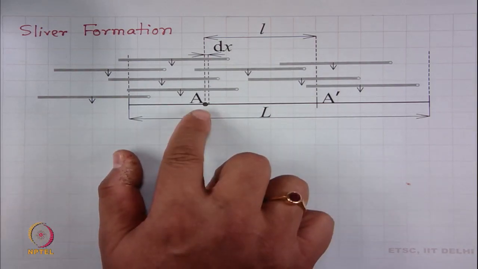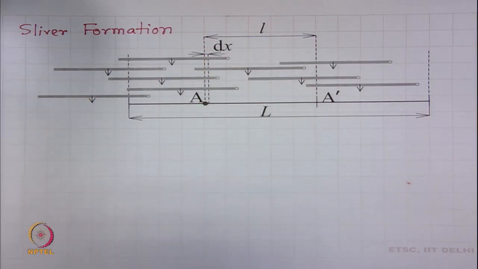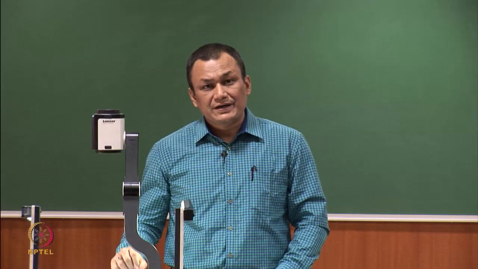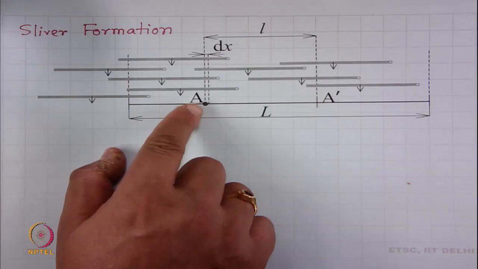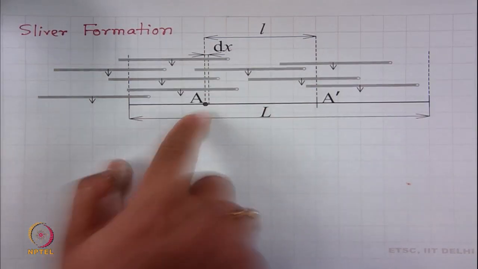We consider a small point A. On this point we draw a dash line. What is the probability that a fiber is passing this line at A?